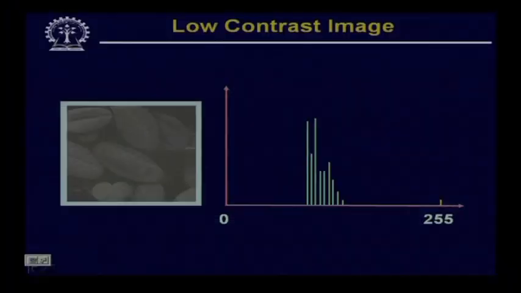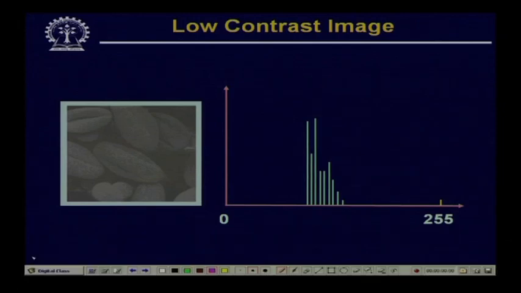So, this is something in between, and the histogram of this image shows that most of the pixels have intensity values in the middle range, and not only that, the spread of the intensity values of these pixels is also very low. The spread is very, very small. So, this image appears to be a medium kind of image. It is neither very dark nor very bright.